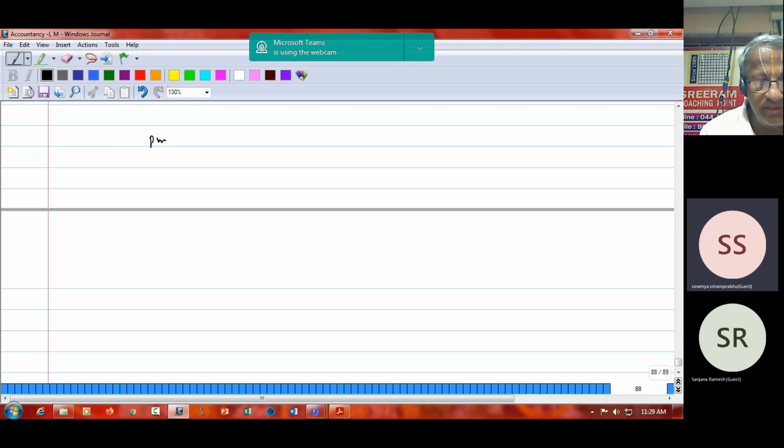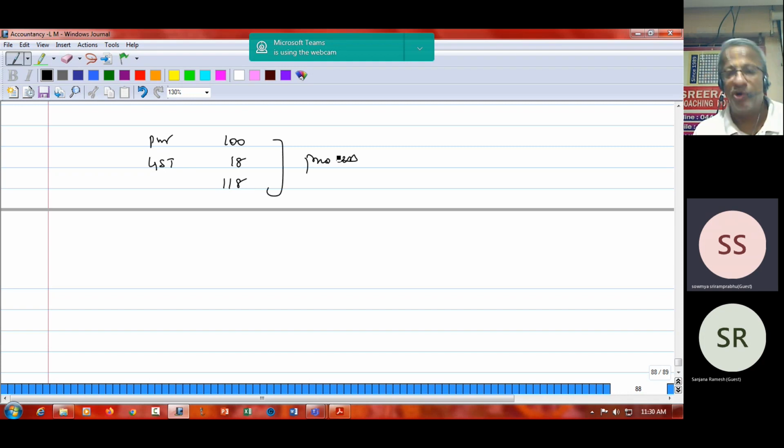I make purchases of 100 rupees. I pay GST at 18%. The price that I am paying is 118. I do some process, and my selling price is 480, so I will put it out as 500.